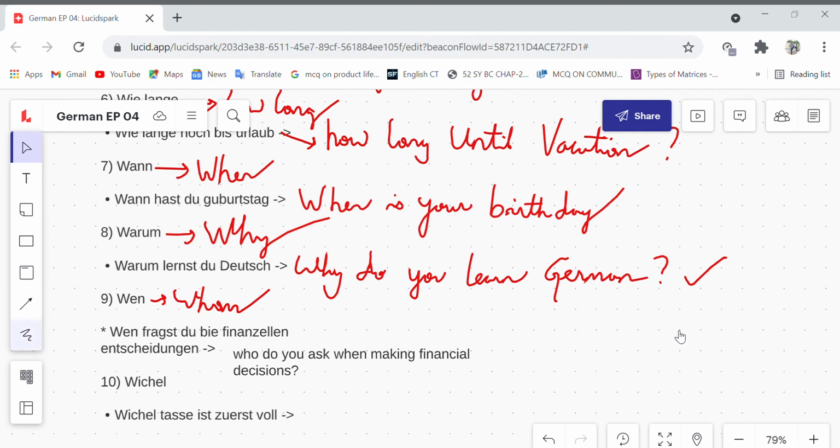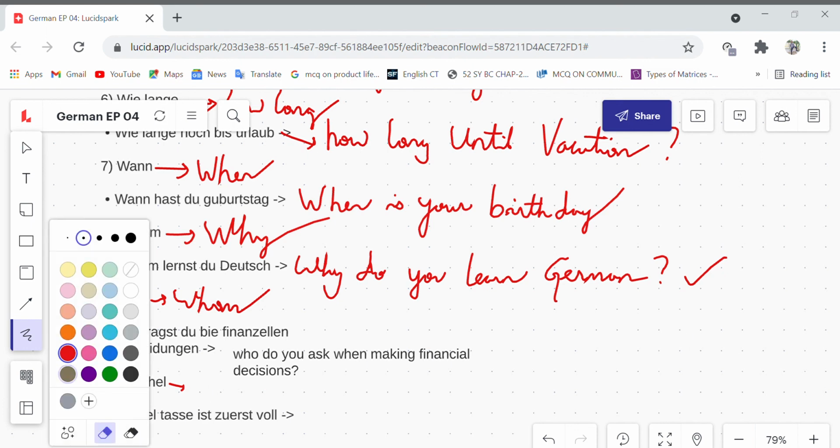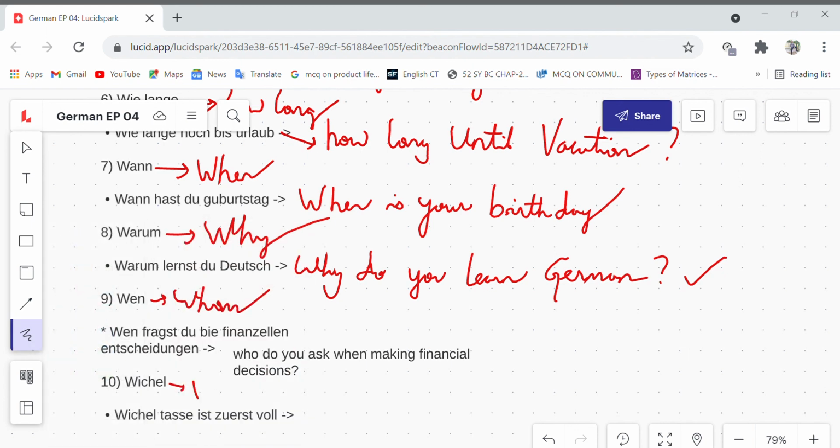Then welcher is which. Let me write this again or else it won't be clear. Welcher is which. Then welche Tasse ist zuerst voll, which means which cup is full first.